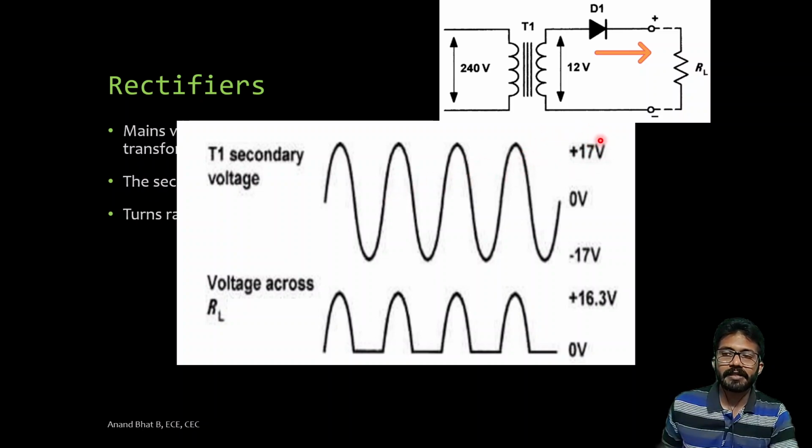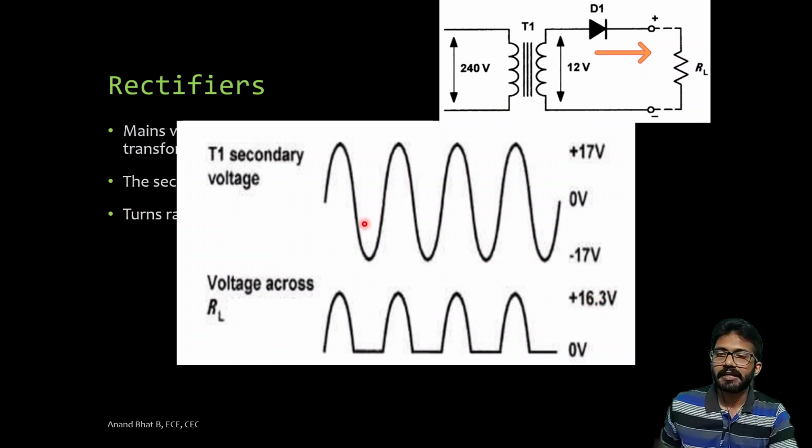Thus, we get approximately 16.97 with respect to 12 volts, which is equated to 17 volts here. And this diode is made up of silicon or germanium, which will have a drop of 0.7 volts. Thus, the output voltage will lose 0.7 volts from the input. So, input has a peak of 17 volts, thus output will have a peak of 16.3 volts.